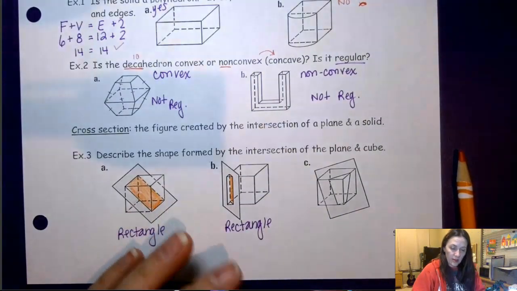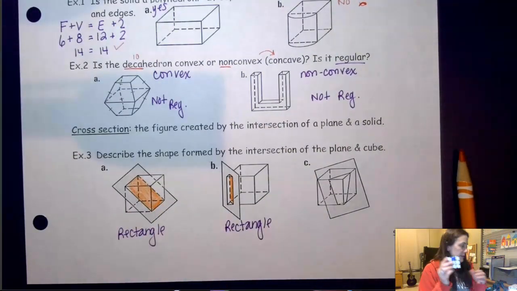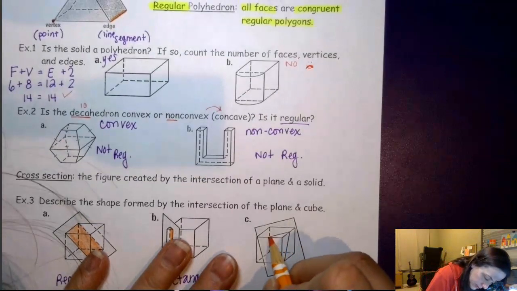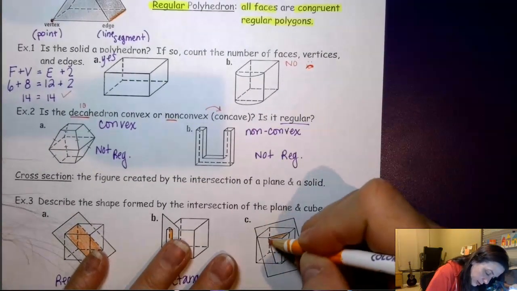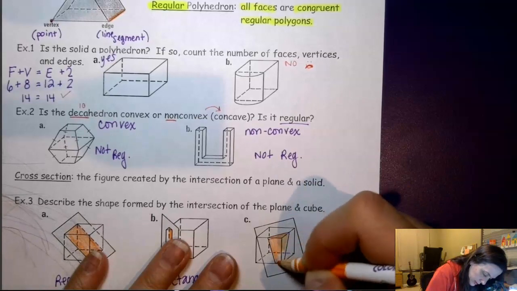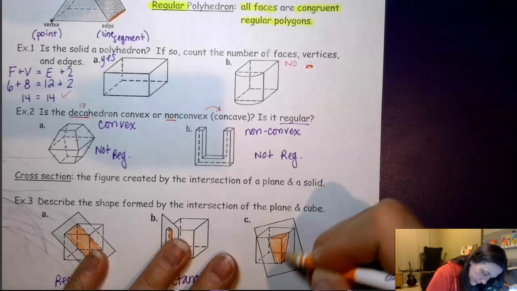Now this one is a little bit like if we had this and it were slanted a little bit. So not directly diagonal, not the corner, but slanted a little bit on that edge. Now I'm going to have this piece. This is my cross section that is now open to the air.